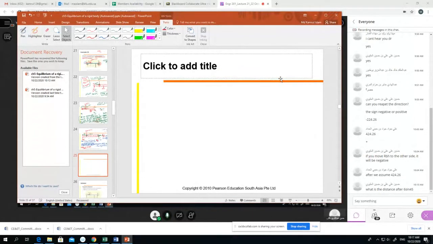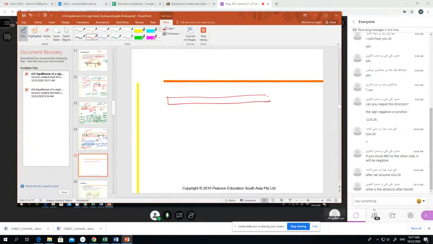Now we apply. This is again our beam. Here RVH equals 424 Newton, and RAV equals 319.